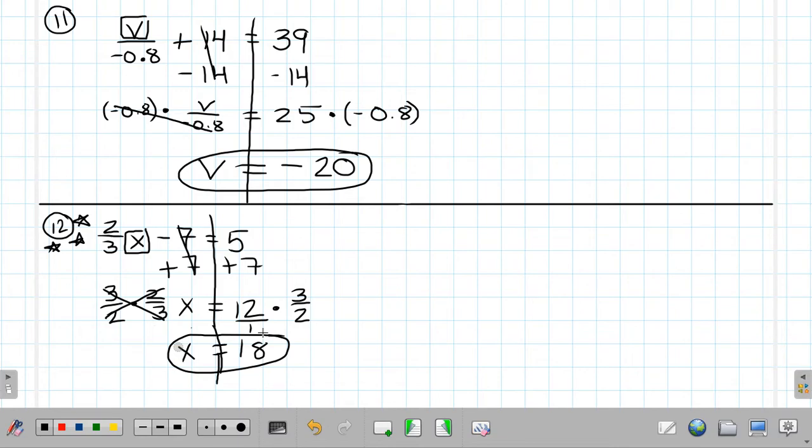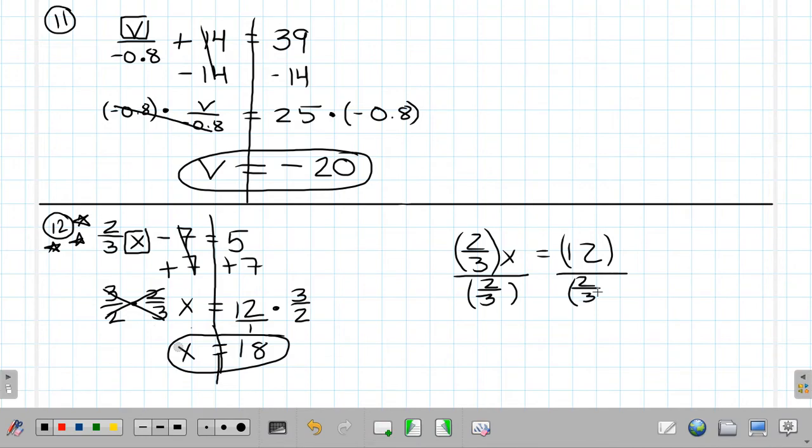But once again, technically what you could do here is divide by 2/3. So you could go over here, where we're at this point, and divide by 2/3. Now, if you're plugging this into a calculator, I do suggest putting parentheses around stuff so that you can tell what your denominator and numerator are.